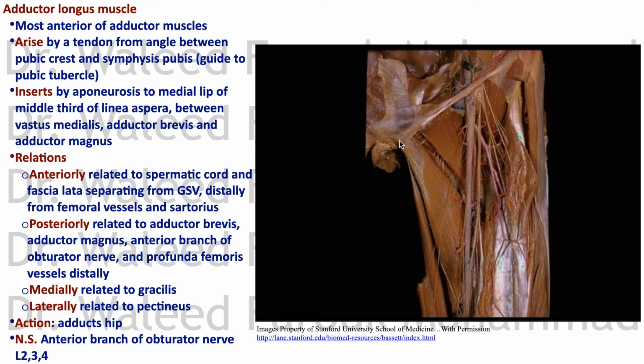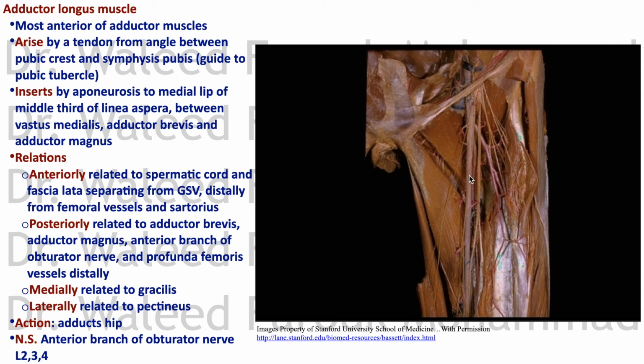It's a hard tendon. It inserts by aponeurosis to the medial lip and middle third of the linea aspera. Relations of the muscle: anteriorly, do not forget the spermatic cord. The spermatic cord is an anterior relation of the adductor longus, and the fascia lata separates it from the great saphenous vein, and distally it's related to the femoral vessels and Sartorius.